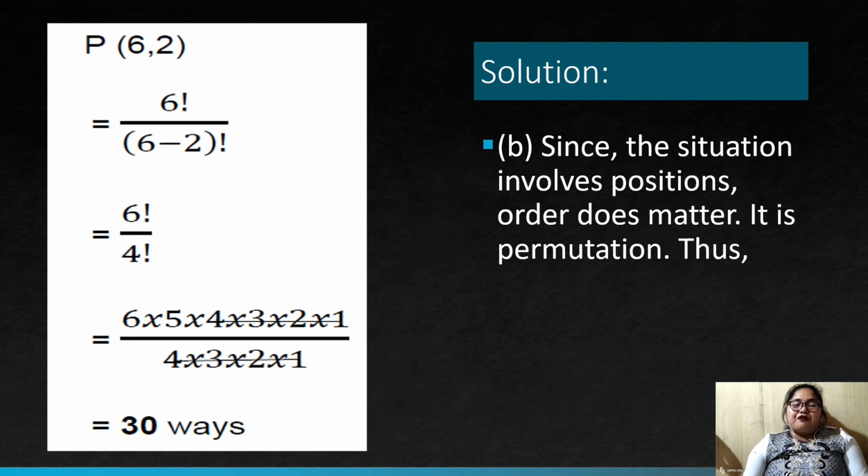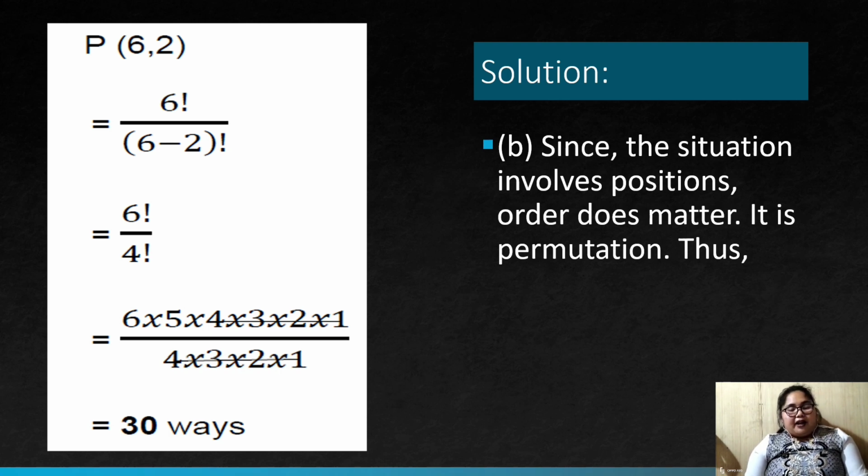Next, the solution for the second question. Since the situation involves positions, the order does matter, so it is a permutation. We will use the permutation formula, where n is 6 and r is 2. So it is 6 factorial over (6 minus 2) factorial, which is 6 factorial over 4 factorial.